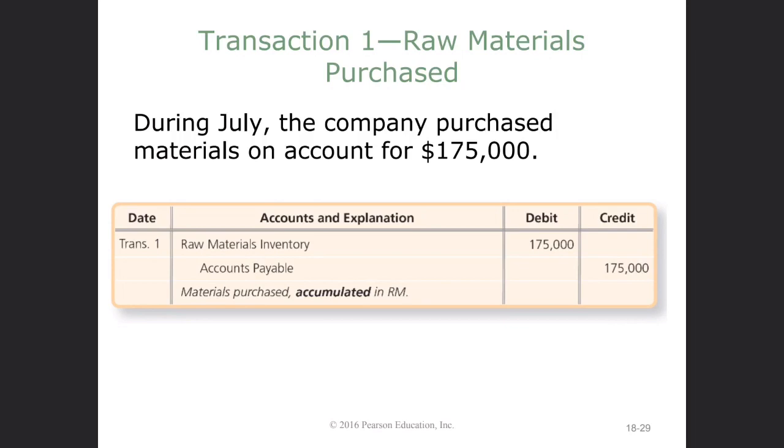And we're going to put a note in there so that whoever looks at this tomorrow, 5 years from now, knows what was going on with this entry. So we purchased materials and accumulated that in the raw materials account. These notes can change. Someone else might word this differently, so just note that as well.